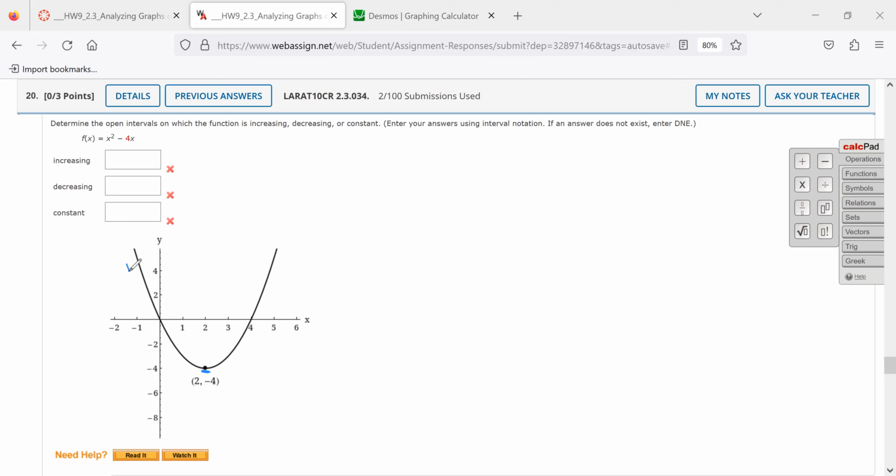The slopes are negative all the way down, if you were to draw tangent lines. But then right after we start to increase, but what happens at that single point? It's neither increasing nor decreasing, so you can't include it. So we have to put parentheses because it's technically flat right there.